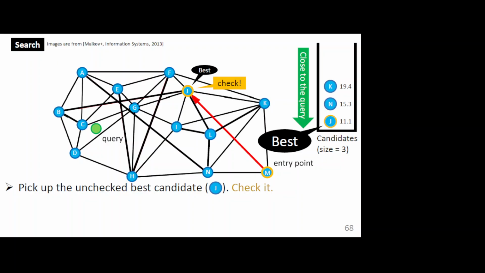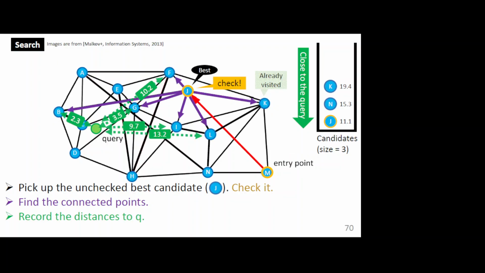There are several neighbors, so many: B, G, F, I, L, K. They are all the neighbors related to J. Okay, so we compute the distance. Note that node K is already visited before.